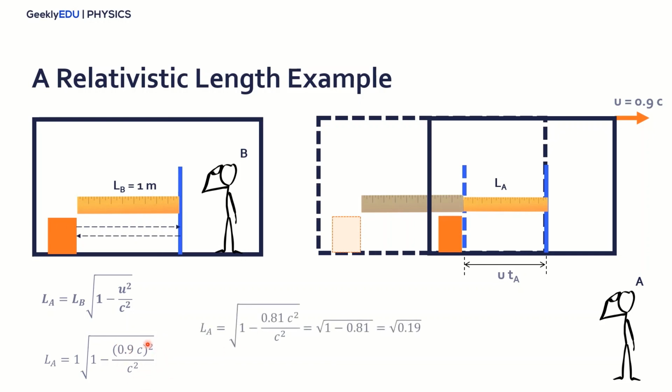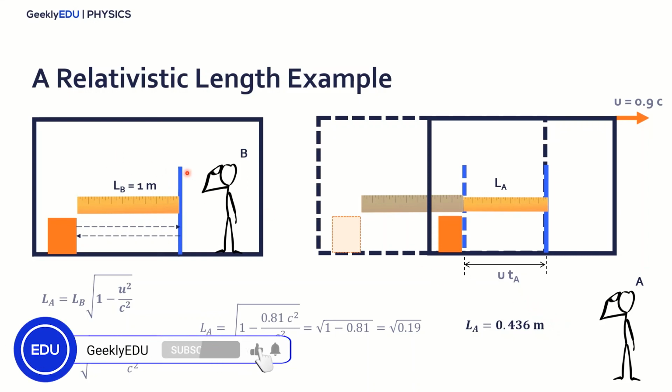Here we can cut out the c squared. So the length for A is the square root of 0.19, and this gives us that the length for A is 0.436 meters, which is much shorter than the length for B.